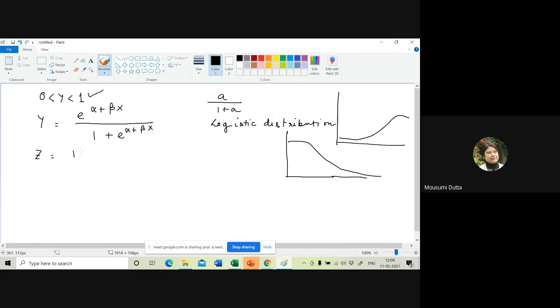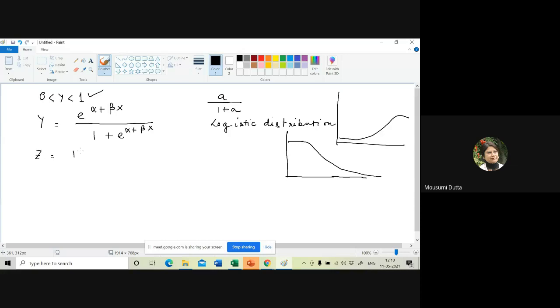In the next step, you have to adjust the expression in such a way that you get only e to the power alpha plus beta x. Once you get that, if you consider the logarithmic transformation, you will get the format of a regression, alpha plus beta x, the linear format you know.